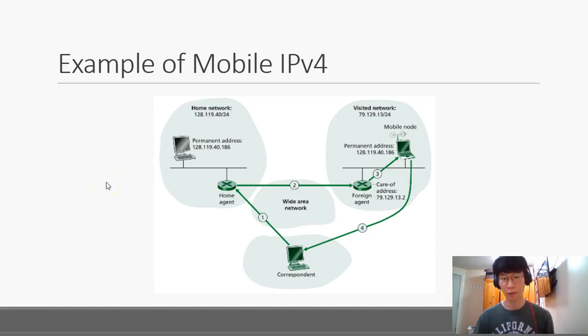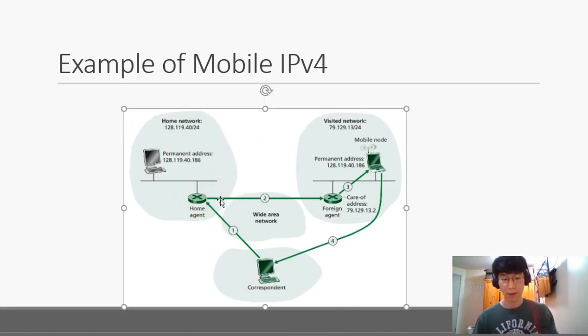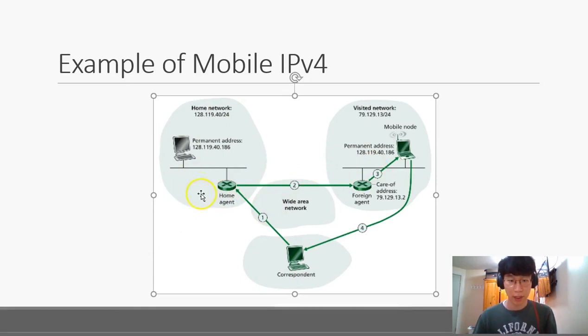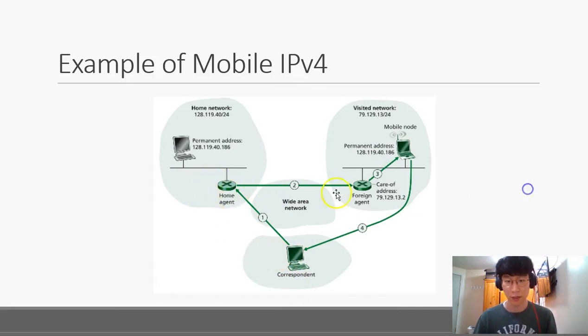This is an example of mobile IP version 4. Let's assume that a client wants to contact you. Always, the client will contact the home agent, and the home agent will check if you're currently in the home network or not. If you're in the home network, you can swiftly contact the client. Otherwise, the home agent will start to find you.